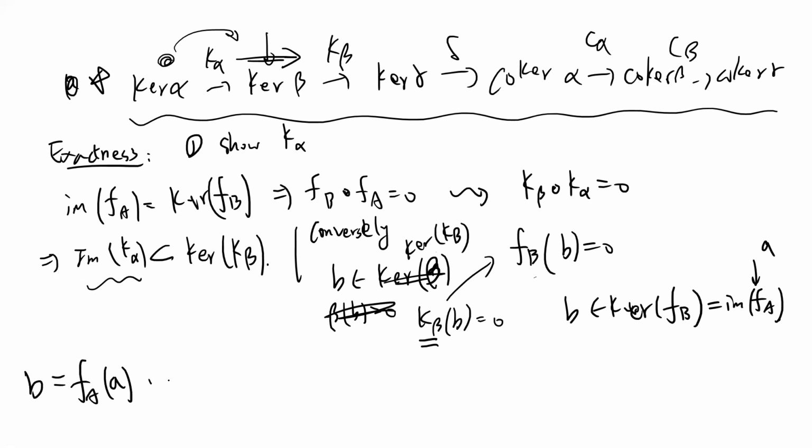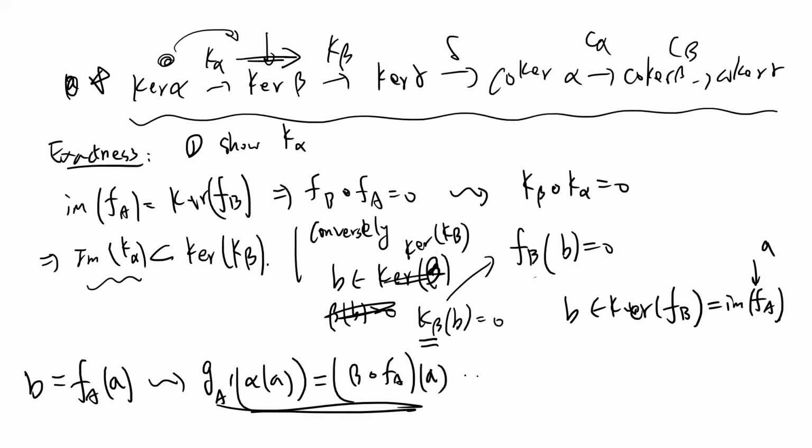Now G A prime alpha A equals beta F A of A. This is just commutativity, which we have used a lot, and it gives beta B, which is 0 since B belongs to the kernel of beta, by definition.